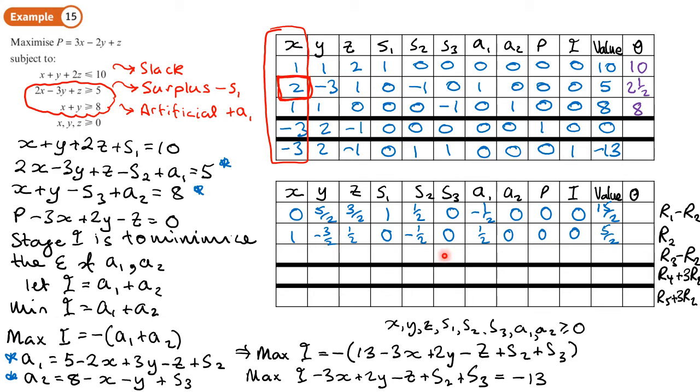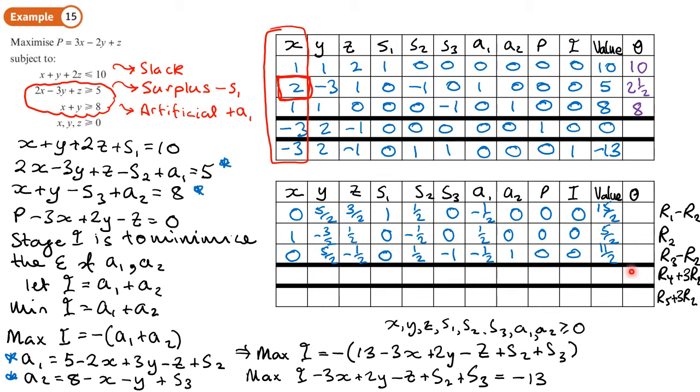Now we'll work out what row 3 is going to be once we take away the new row 2 from it. And we'll get 0, 5 over 2, negative a half, 0, a half, negative 1, minus a half, 1, 0, 0, and 11 over 2.